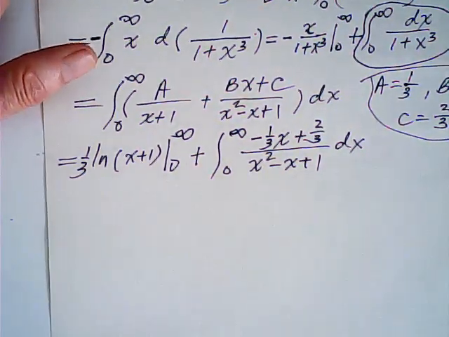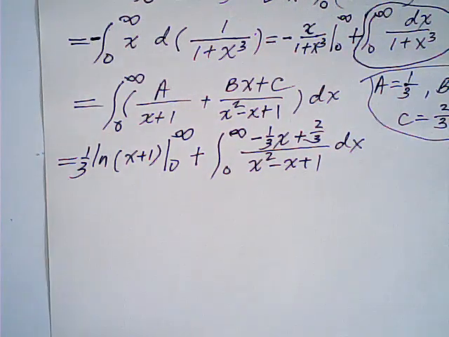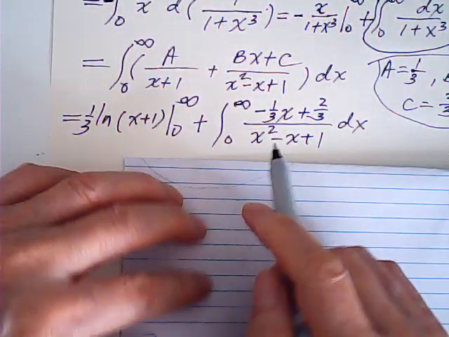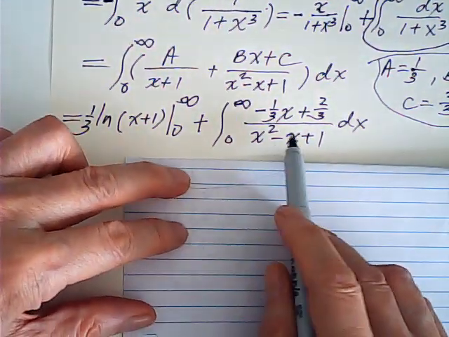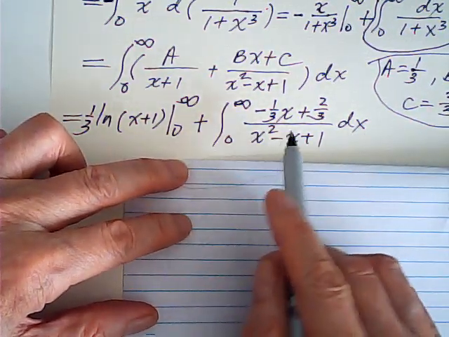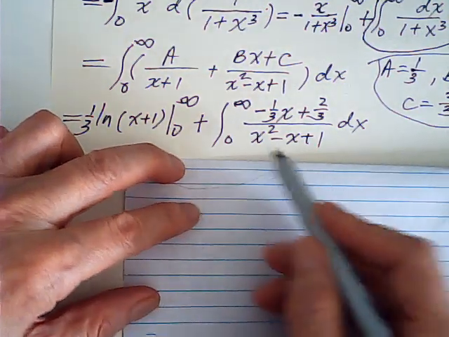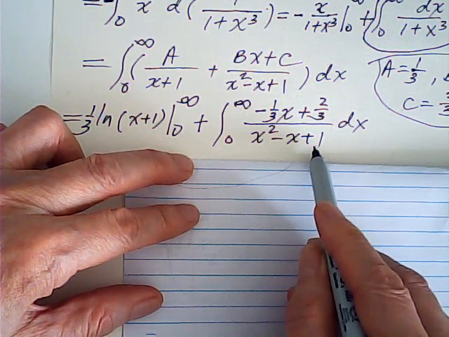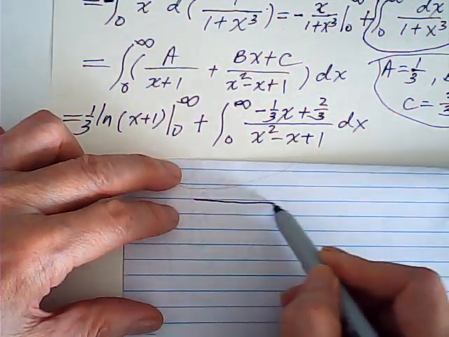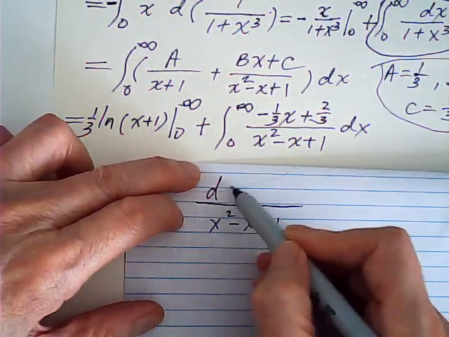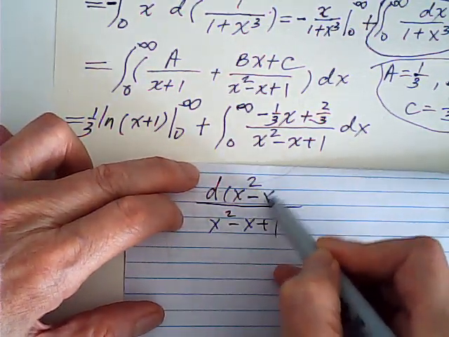Okay, now let me look, how should I? Okay, now the denominator is this x squared minus x plus 1. I want to have this x squared minus x plus 1 and a d of x squared minus x plus 1.